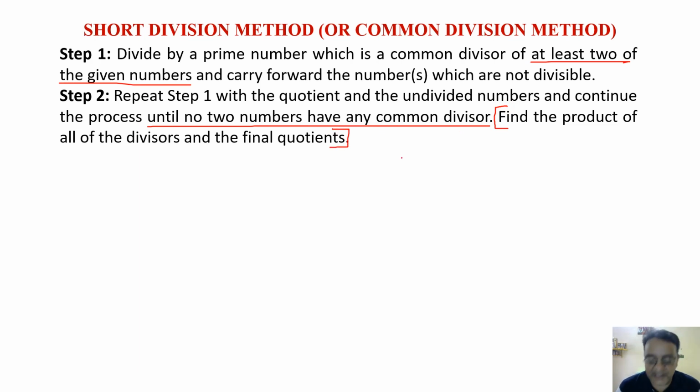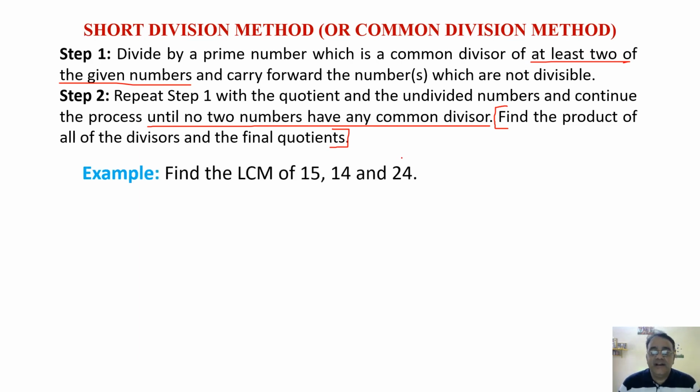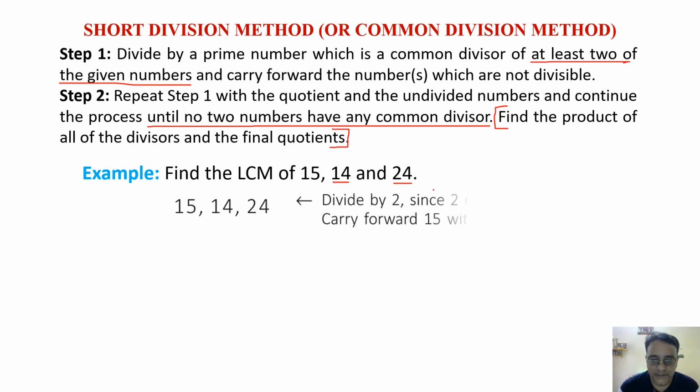Let's see one example first. Find the LCM of 15, 14 and 24. See, 14 and 24 both are divisible by 2. So first we will divide by 2. Divide by 2, since 2 divides 14 and 24, and carry forward 15.